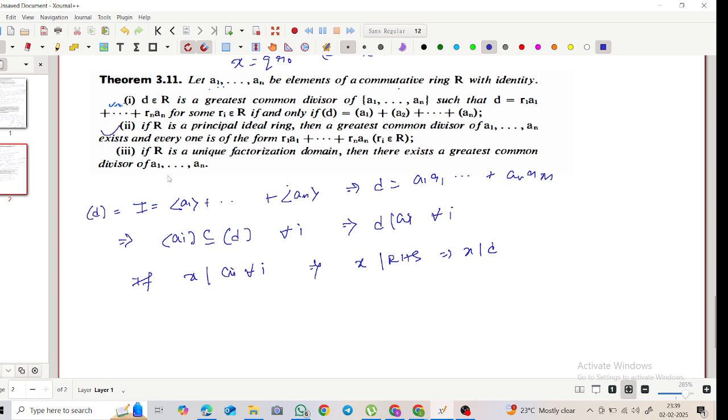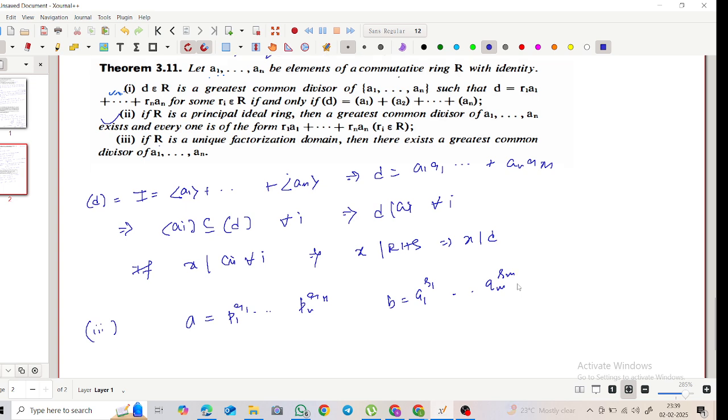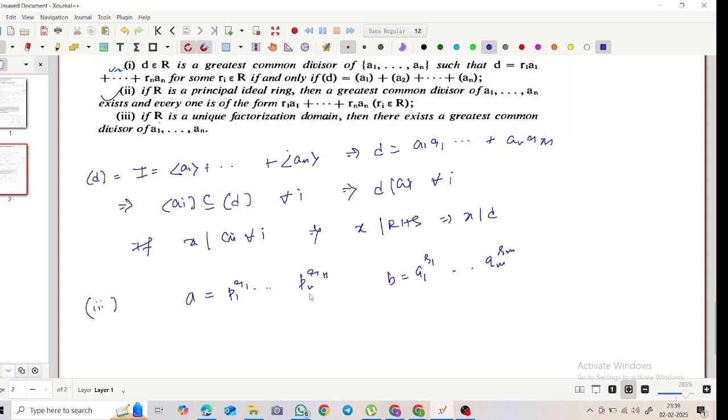The proof is the same for this. If R is a unique factorization domain, then there is a greatest common divisor. So in a UFD, you can define it. Suppose you have been given such factorizations.